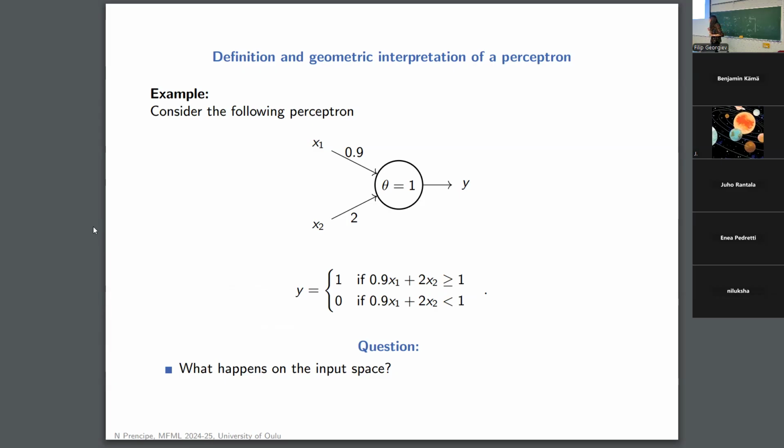Anybody? So before, I said that the straight line dividing the input space, depending on the output of the neuron, was determined by the threshold function. But the condition that is verified here is this one, right?